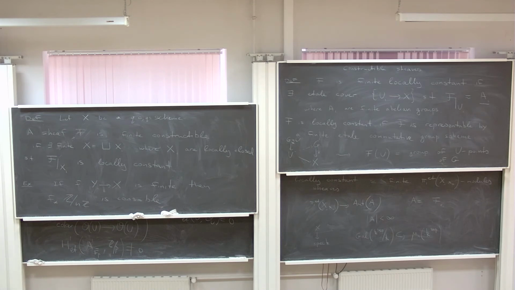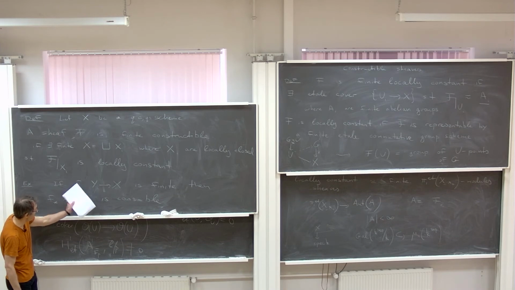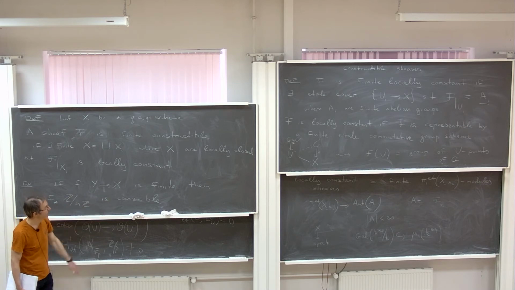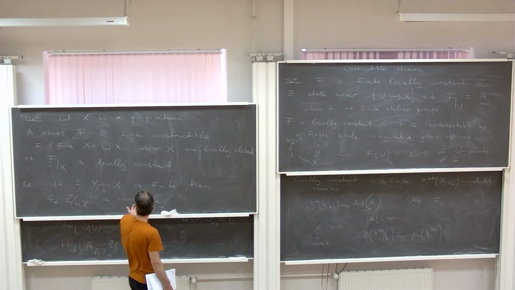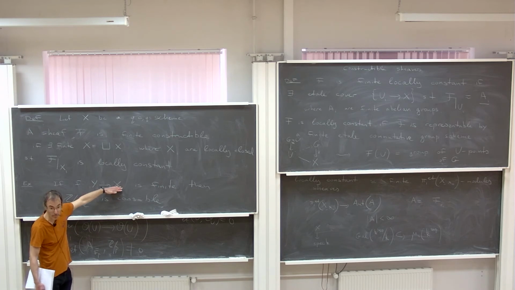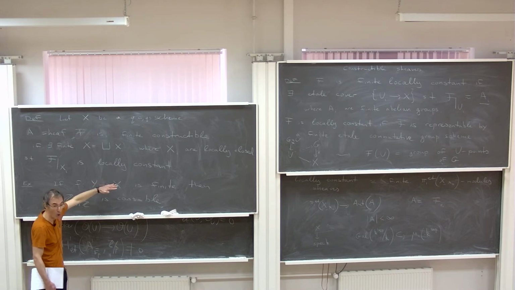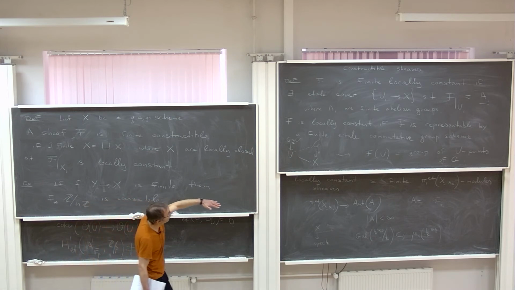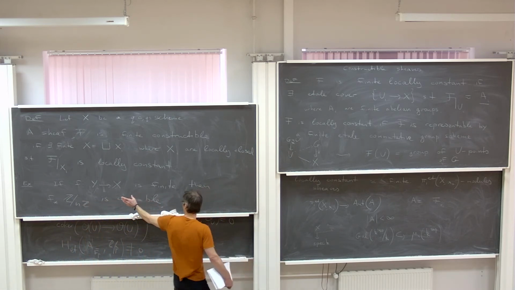So if this map F is actually finite étale, what does it mean that it's finite étale? It means that locally for the étale topology, Y is just a disjoint union of copies of X. In this situation, the direct image is going to be a constant sheaf.